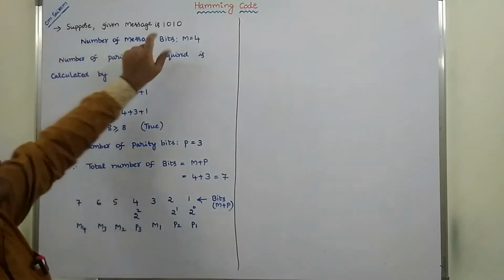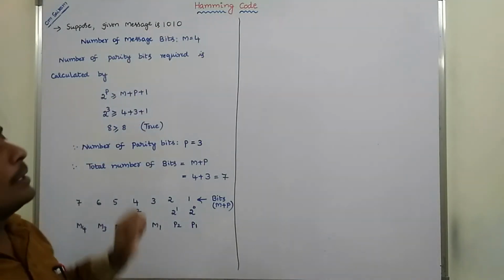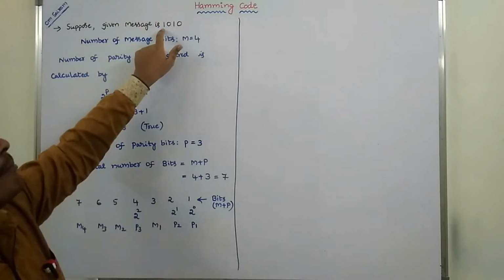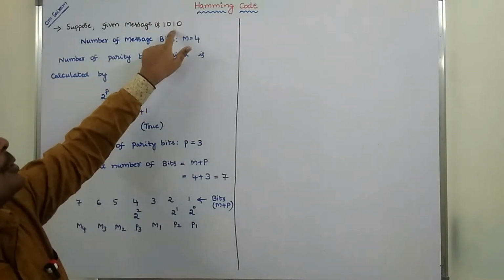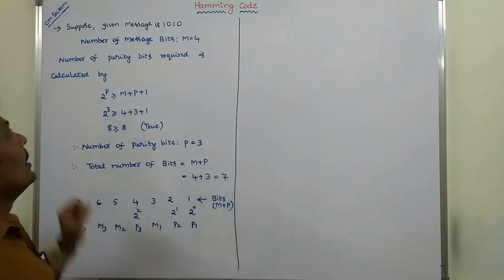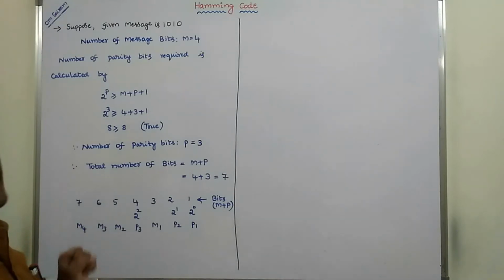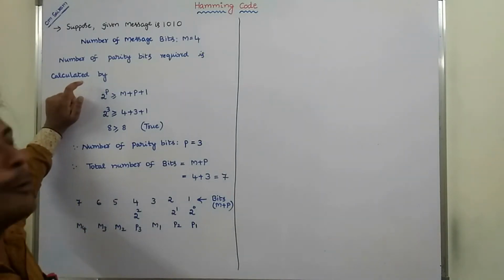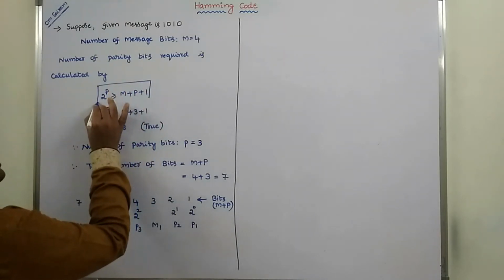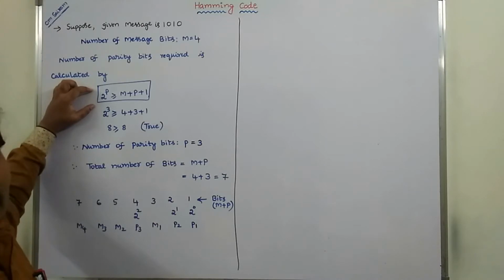Suppose a given message is equal to 1010. So the number of message bits, how many bits are there? 1, 2, 3, 4. Therefore m is equal to 4. The number of parity bits required is calculated by using this formula, 2 power p greater than or equal to m plus p plus 1.